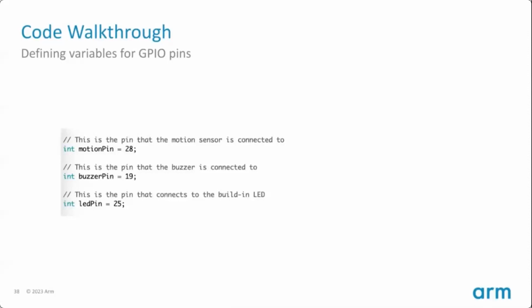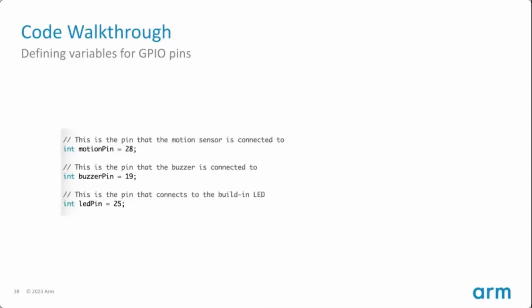That means if you have connected your sensor or your speaker up to a different pin than the ones that I used in the demo here, all you have to do is change these variables to point to the right pin number. So once again, we connected the motion pin up to GPIO number 28. We connected the buzzer pin to GPIO number 19.